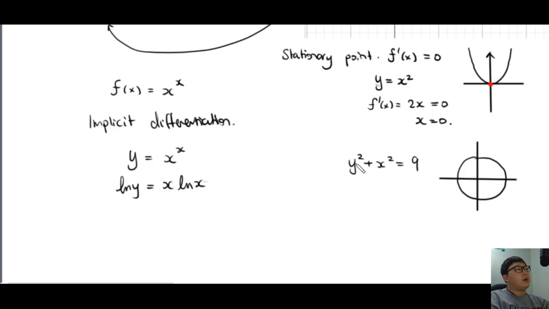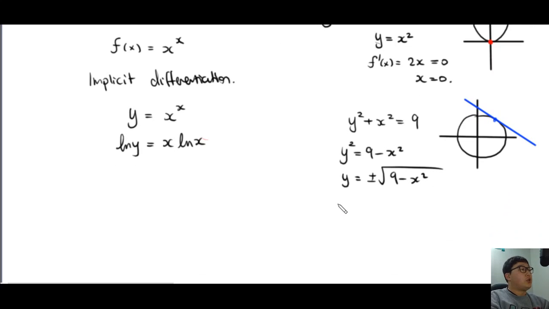If you want to take the differentiation of this and find the gradient at any point, what you would normally do with explicit differentiation is rearrange the equation. So y squared equals 9 minus x squared, and then take plus and minus the square root of 9 minus x squared, and then differentiate that.